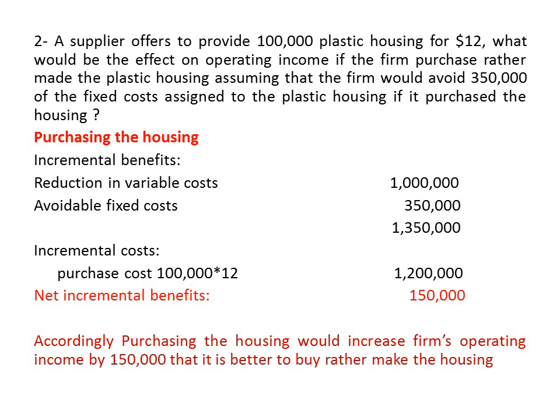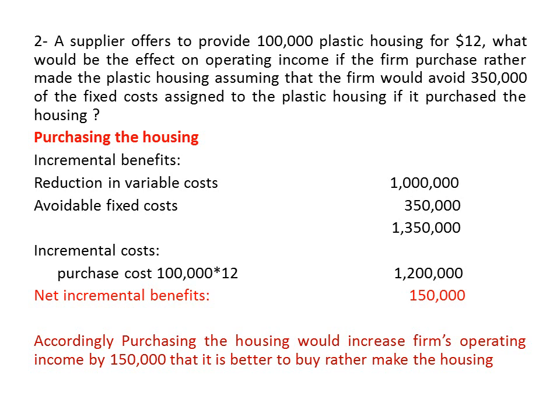Okay, and the firm also would reduce or could avoid fixed cost of 350,000 by purchasing the housing from an outside supplier. Okay, the incremental benefit would include reduction in variable cost and also avoidable fixed cost of 350,000.